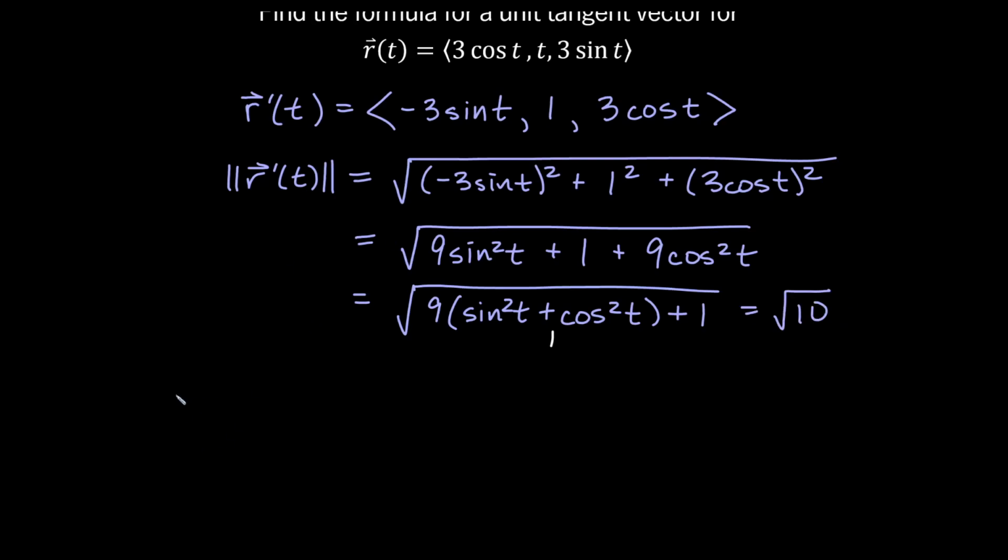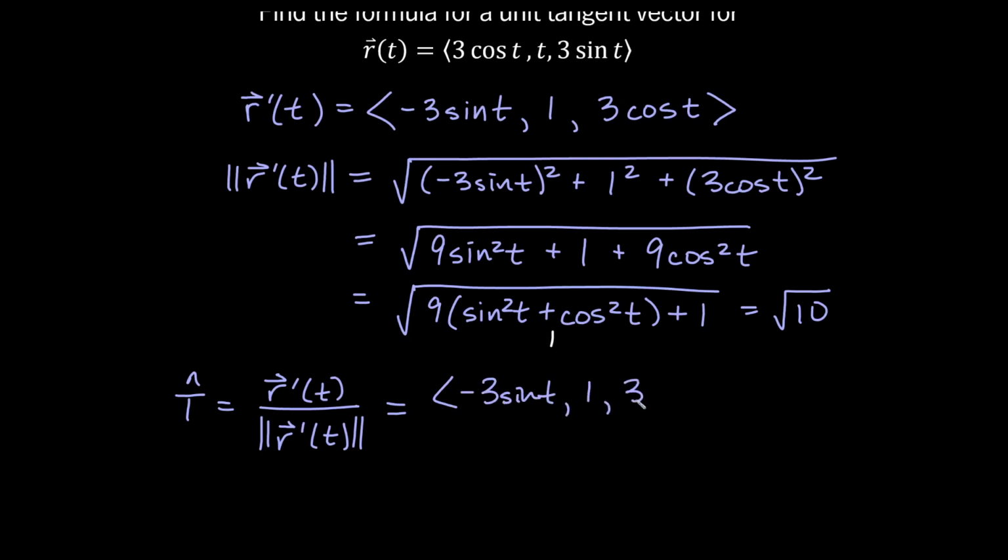So now our T hat, our unit tangent vector, remember that's going to be our derivative, r prime, divided by its magnitude. So in this case, that will be our negative 3 sine of t, comma 1, comma 3 cosine of t, all of that divided by the square root of 10.